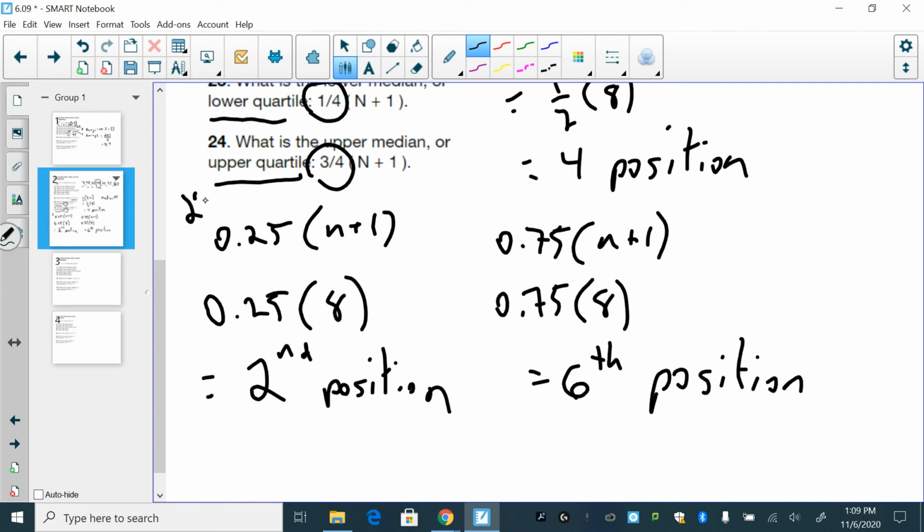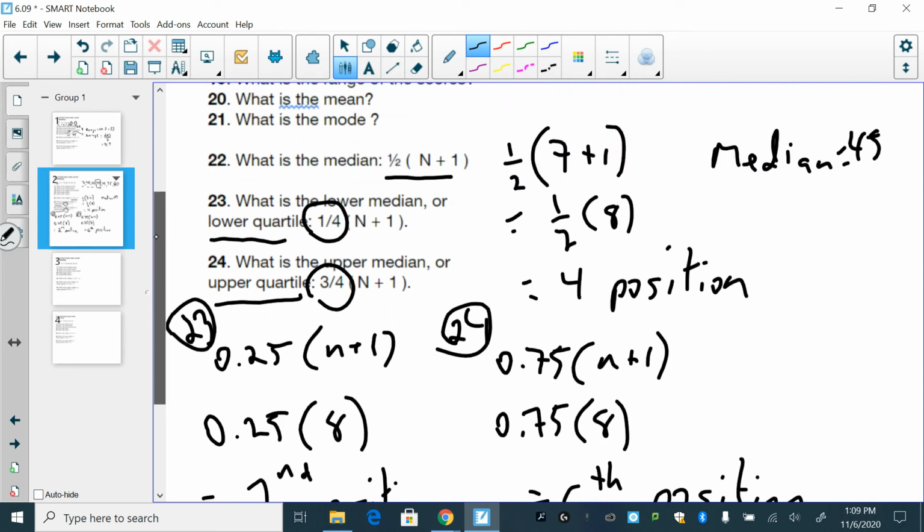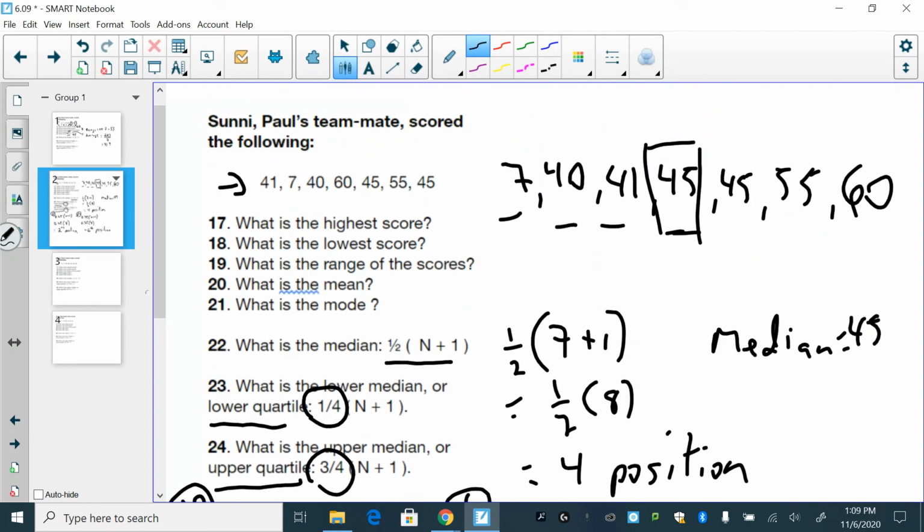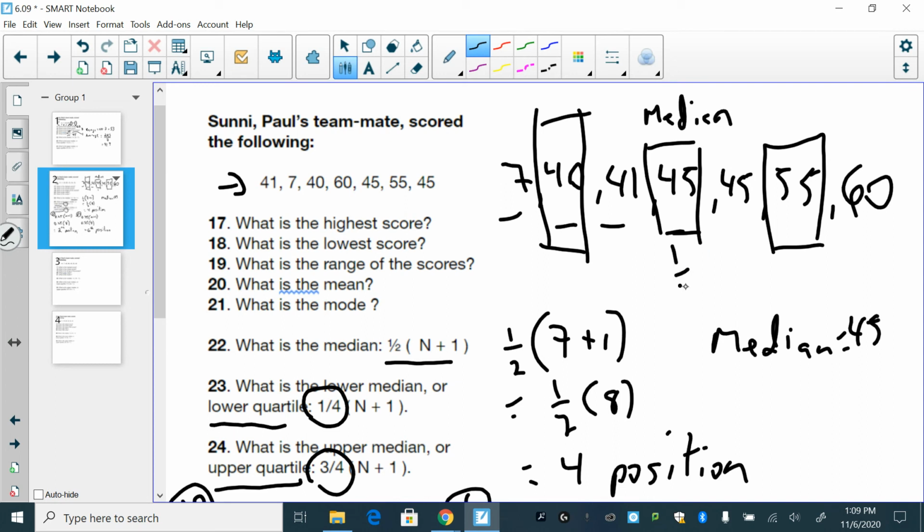Okay, so this is for 23, this is for 24. I've already written it out further up. So the second position, this is 40, and the sixth position, if you just count it out, is here. So this is the median or halfway. This is a quarter of the way, the lower quartile. And this is 3/4 of the way, which is the upper quartile.